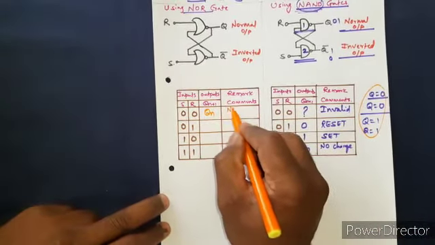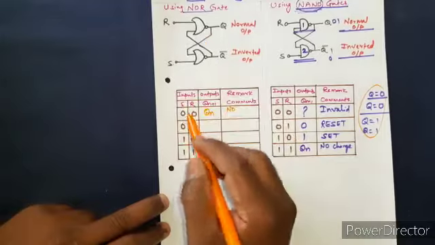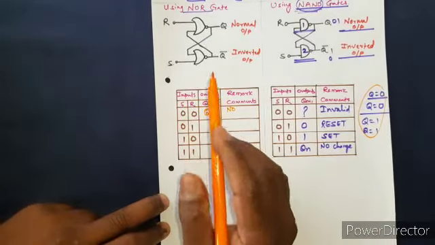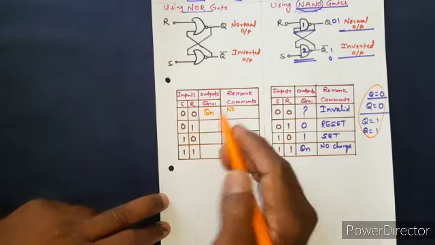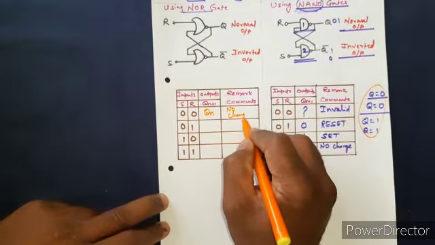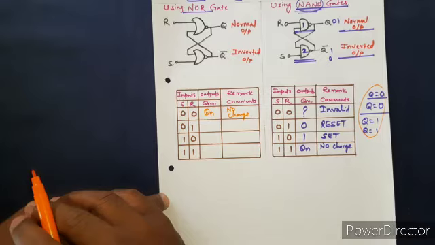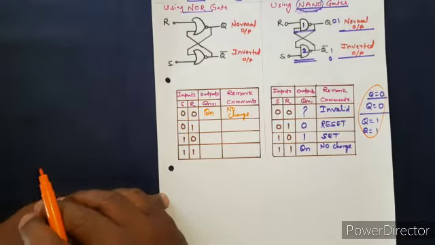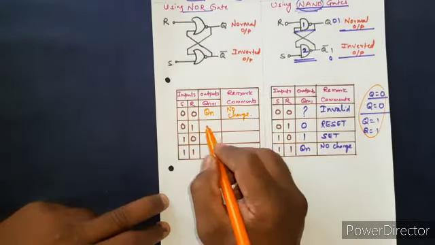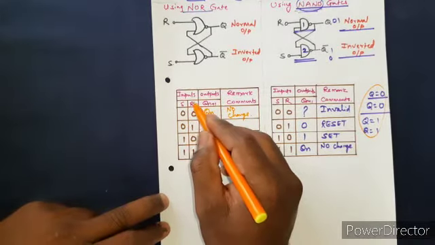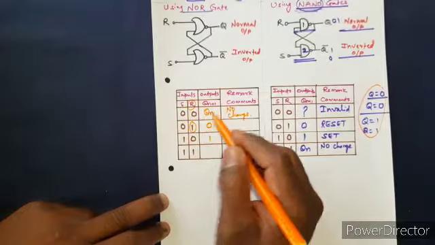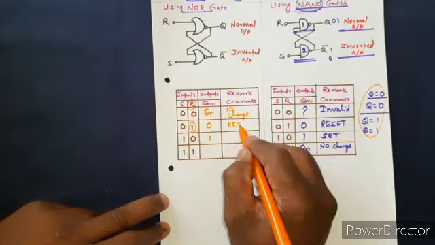So for SR flip-flop using NOR gate, when we provide S equal to 0 and R equal to 0, there is no change. Your output remains as it is. Then for R we are providing 1, meaning the circuit should get reset.